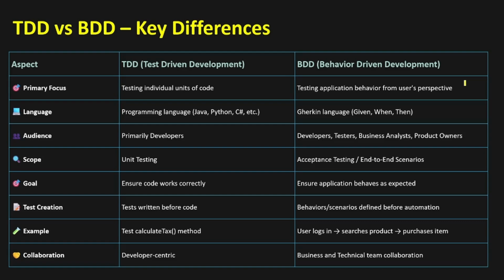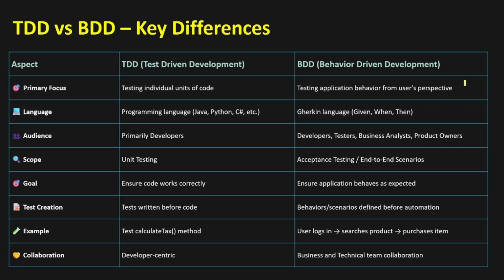When for your application under test, you will start writing the automation code, we will write the BDD files wherein we will define the behavior or the scenarios which will be tested in the automation project. For example, calculate tax. So calculate tax will be a method which will test the application logic, the code. However, when it comes to BDD, it tests the scenario, like user login, user searches for a product, user performs a purchase. So it is a user journey. It's a user behavior which the user will perform in the application.